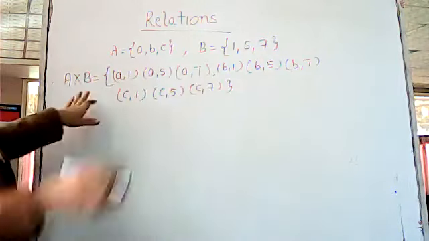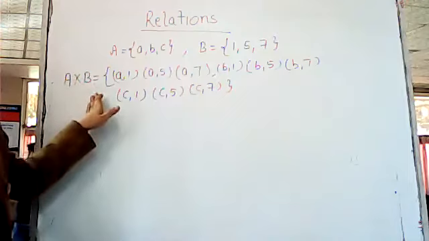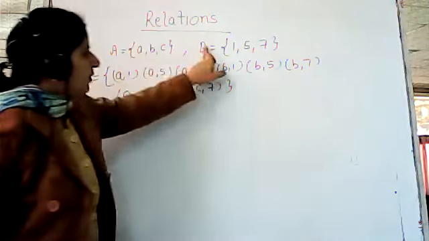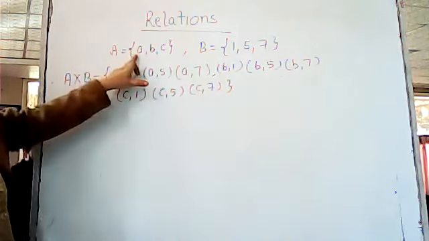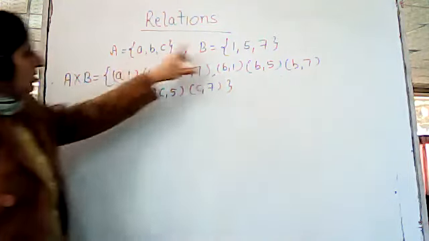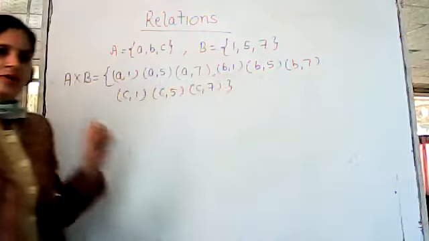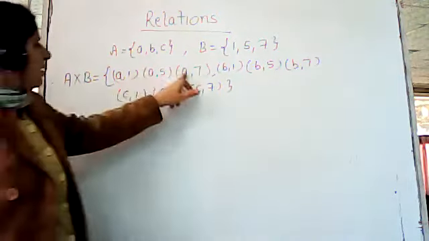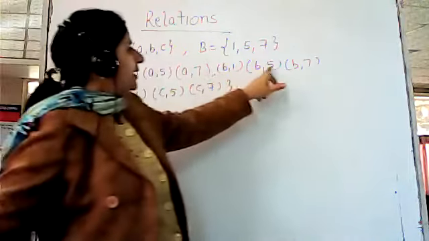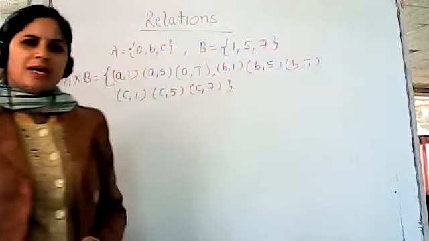So this is the value of A cross B, that is the Cartesian product of these two sets. That is, I have associated each element of the first set with each and every element of the second set. But what is the condition? The first element belongs to set A and the second element always belongs to set B.